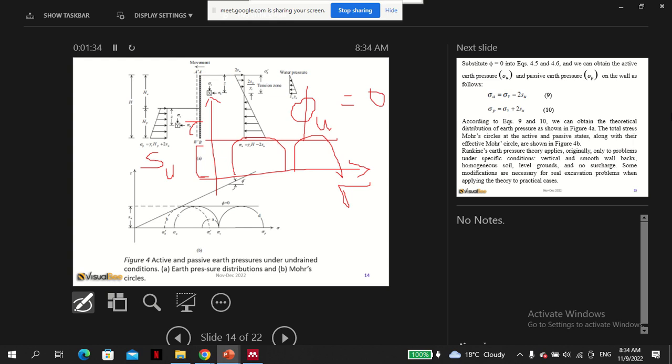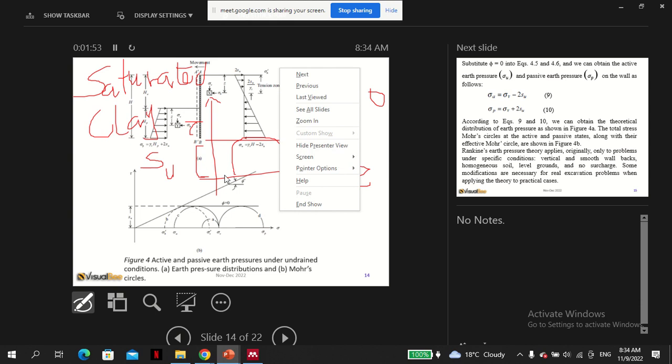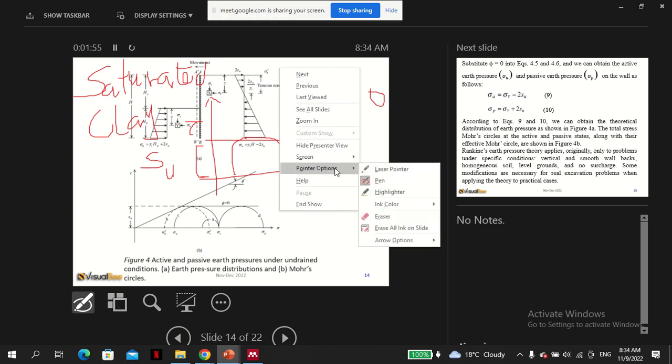So this is, remember, for saturated clay. So the phi equals 0 is more preferred in the solution, as you have seen or as explained.